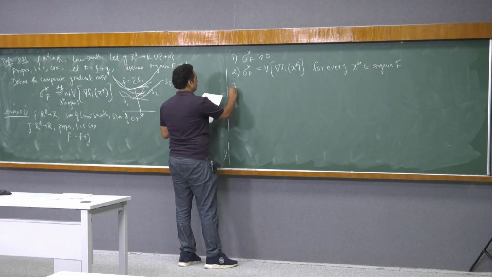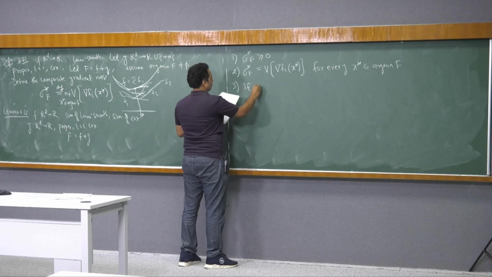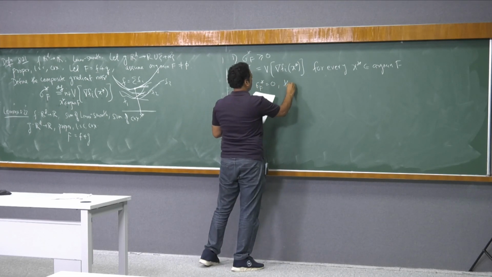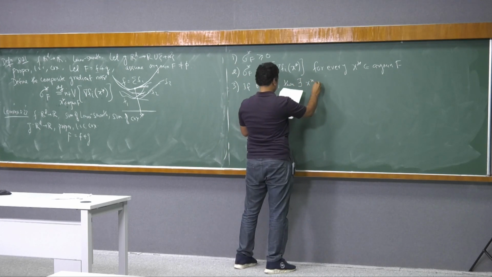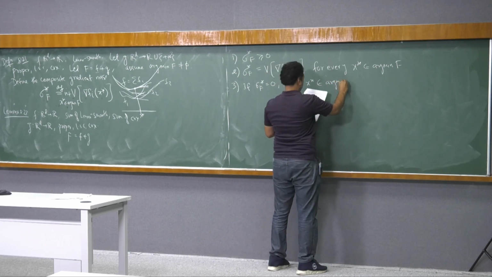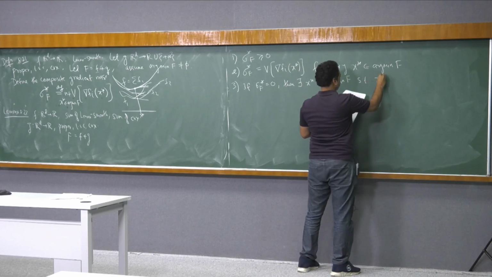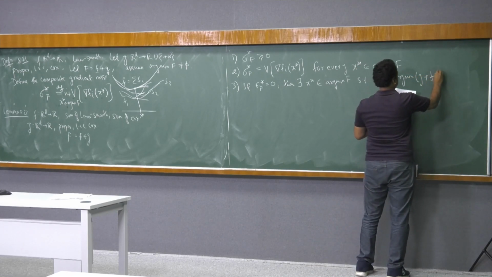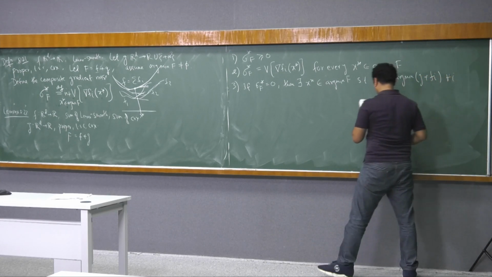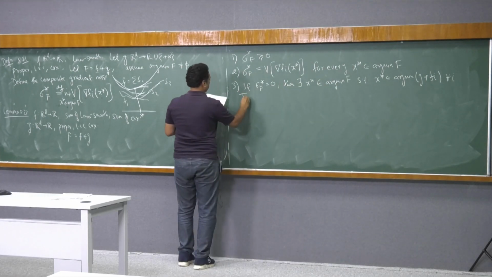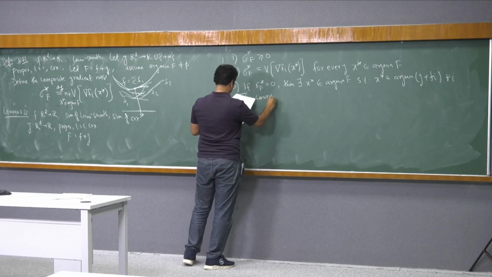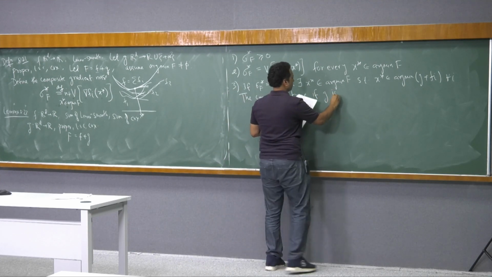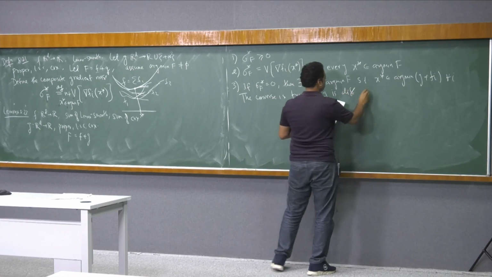And then the third one is if sigma star F is 0, then there exists x star in argmin of F such that x star is in argmin of G plus Fi for all i. The converse is true if G is differentiable at x star.